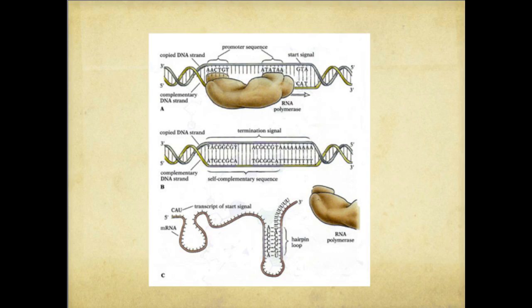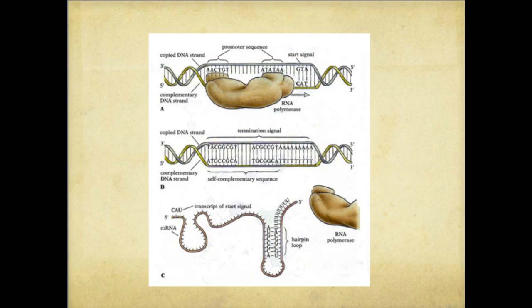In this picture, up at the top, you can see the enzyme binding to the promoter of the DNA. In the middle panel, you can see that a string of DNA has been opened up and used as a template.